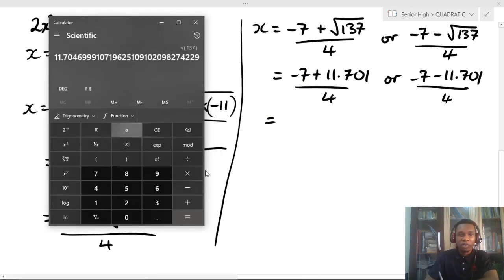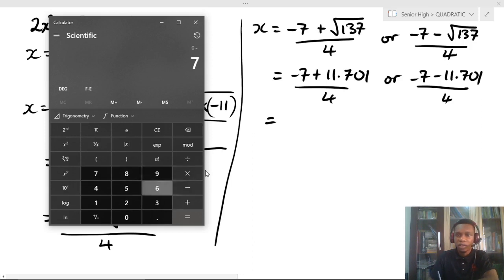Adding them up, we have minus 7, and 11.701, and then we are adding it to minus 7, and that's 4.701, and then we can divide it by 4.